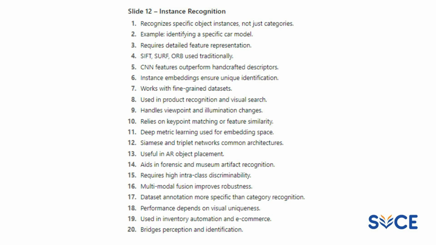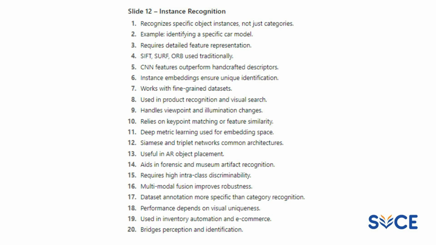It's also used in product recognition and visual search, where it handles viewpoint and illumination changes. It relies on keypoint matching or feature similarities, where Siamese metric learning is used for embedding the space. It is also used in AR object placement, and aids in forensics and museum artifact recognition, which requires high intra-class discrimination.